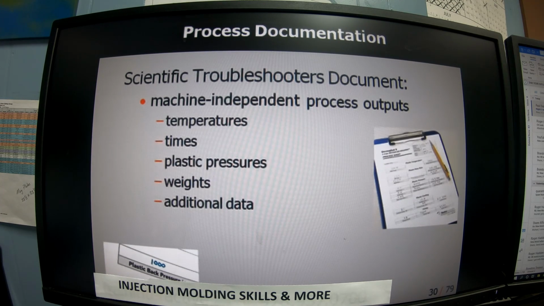A scientific troubleshooter will document machine-independent outputs, such as temperature, times, plastics pressures, weights, and any additional data that's relevant to the process. Please be sure that you take note of this important difference between a setup tech and a scientific troubleshooter. In the next few slides, I will give you some more examples of what you may want to take note of.